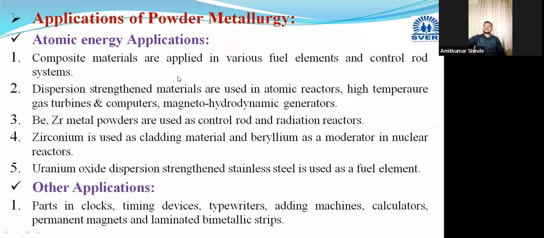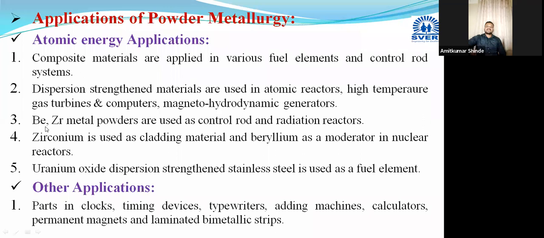Some composite materials manufactured by these powder metallurgy techniques can be used in various fuel elements and in control rod systems. Then the dispersion strengthened materials manufactured by these techniques can be used in atomic reactors, high temperature gas turbines, computers, or magneto hydrodynamic generators. We can use these powder metallurgy components, like dispersion strengthened materials.